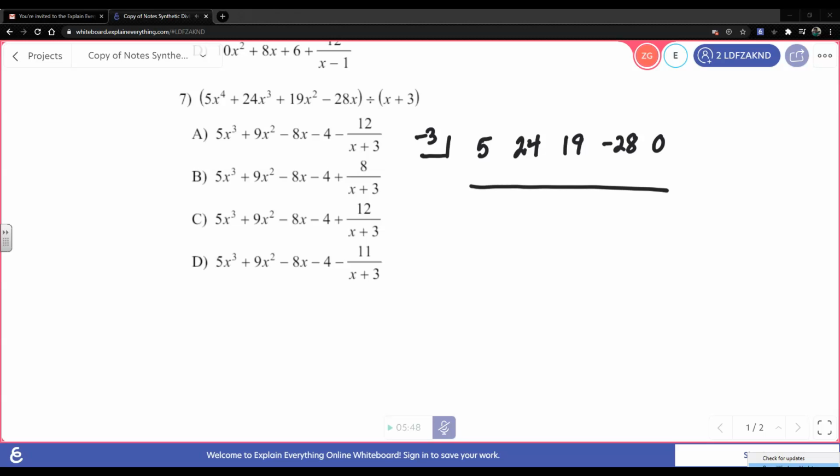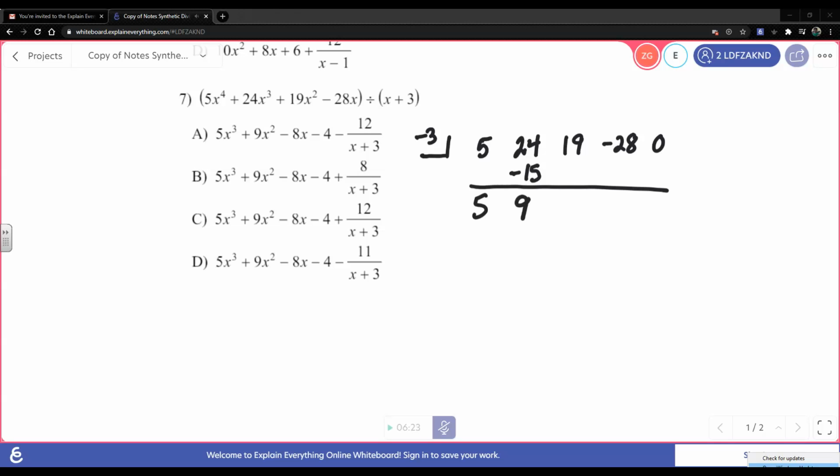Go ahead and bring down the 5. Negative 3 times 5 gives you negative 15. We have 24 minus 15, which is 9.